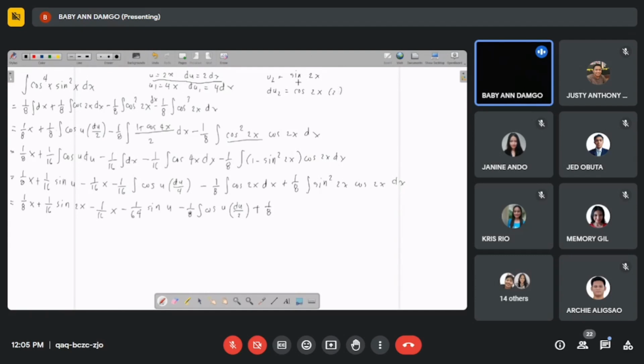So this is integration of u sub 2 squared, and cosine 2x dx is du sub 2 over 2. We already evaluated the integration of dx.